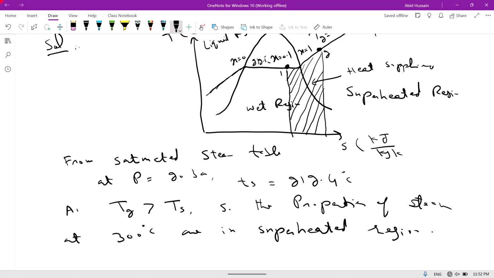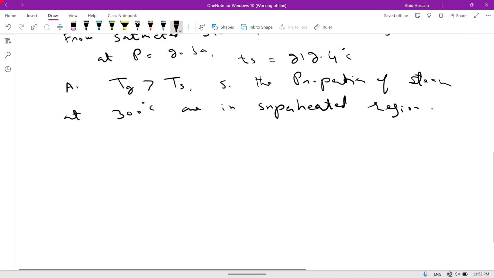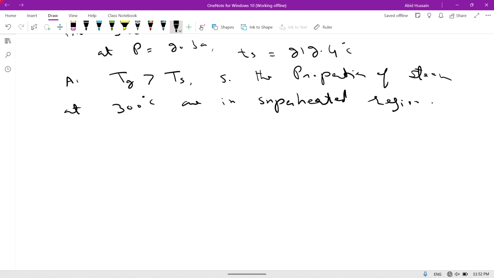Now this is TS diagram and this is curve, and we will find heat supplied is equal to H2 minus H1. Similarly we will find change in entropy, S2 minus S1. So for this we are finding first H1 and S1 and then we will find H2 and S2.